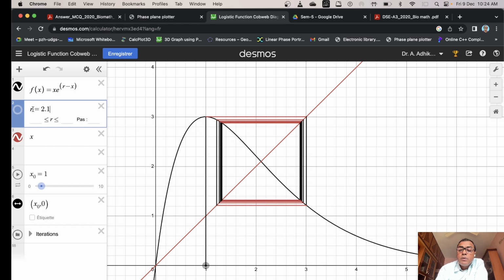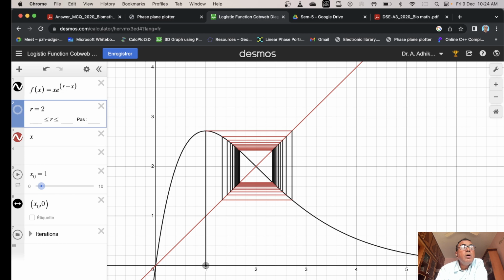If you change to r equal to 2, the equilibria are 0 and the non-trivial equilibrium equal to r, which is 2. Then we also see that 0 and 2 are unstable equilibria.